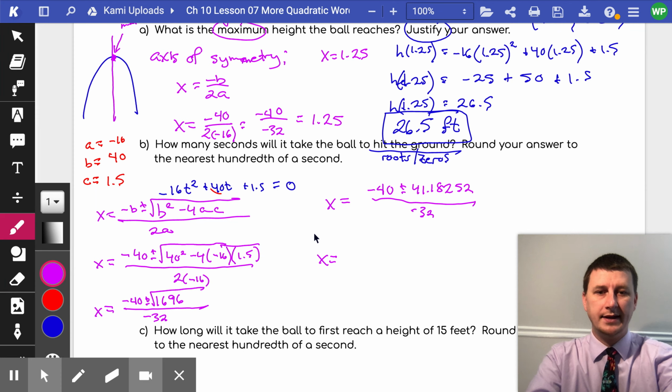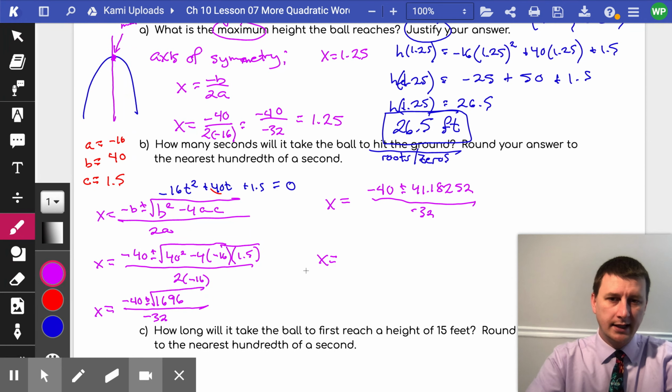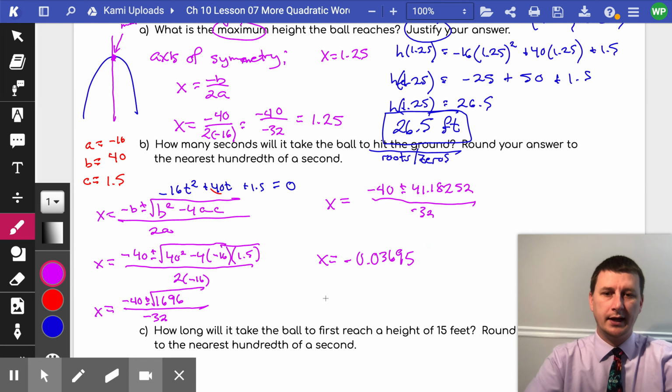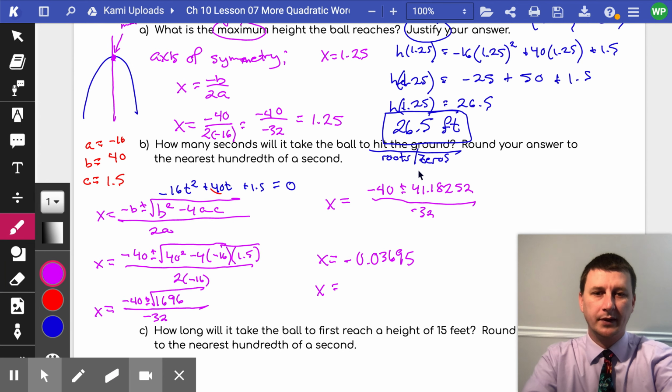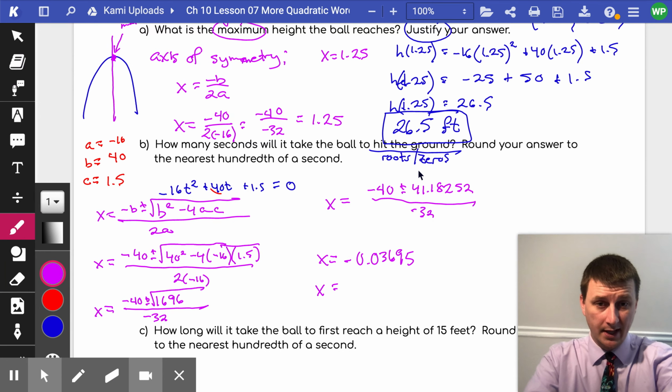And I'm going to divide that by negative 32. Yes. And I'm going to get negative 0.03695. Okay, if I do the other method where I do negative 40 minus negative 41.18, up top that would give me negative 81.18252.